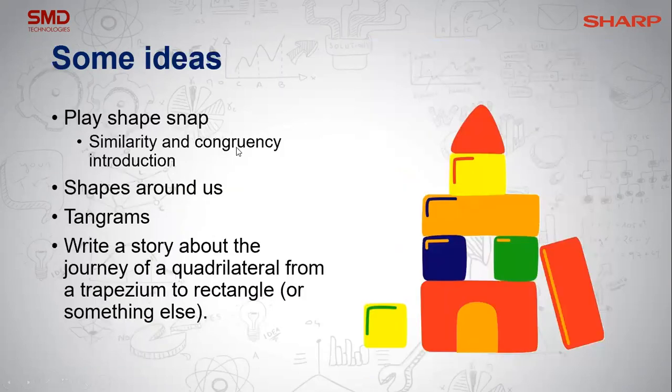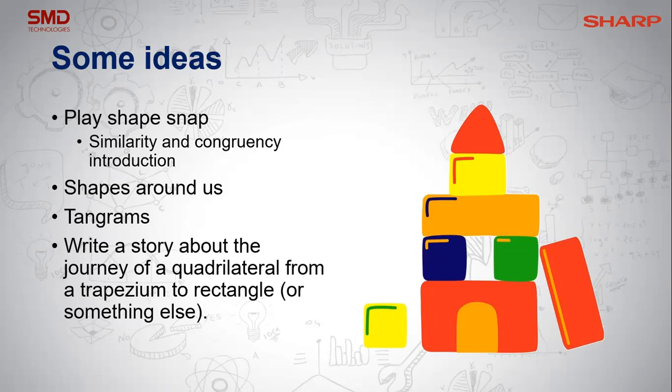So some ideas: you can play shape snap with similarity and congruency. And then, of course, look for shapes around us, or play with tangrams. We used to do this when I was in school, and it's such a great exercise for allowing students to manipulate shapes and see how they fit together.